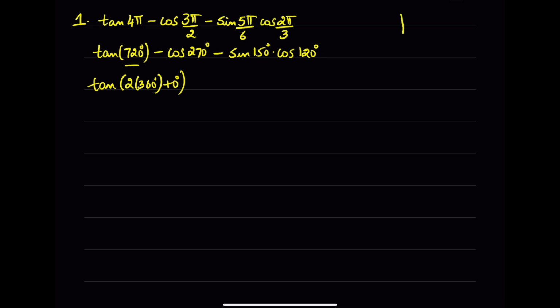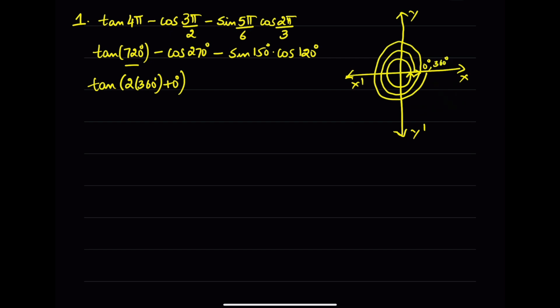So if you see the quadrants, x, y, x dash, y dash. So this line here, it is 0 degrees. So when you complete one full circle, it is 360 degrees, and when you complete 2 full, it is 720 degrees. So this is where the point is on the x-axis.